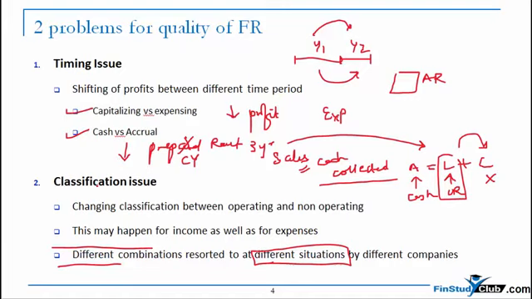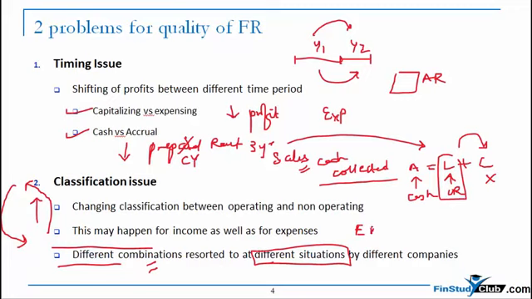The second, and a very easily understood, is the classification issue, wherein if the firm wants to increase its operating income, then they would like to classify non-operating income into operating, and classify operating expenses into non-operating expense. Now again, like I said, different combinations will matter.